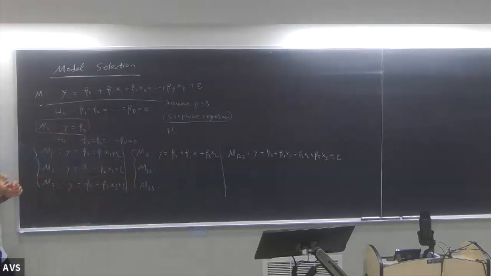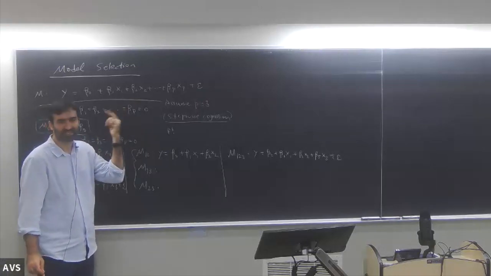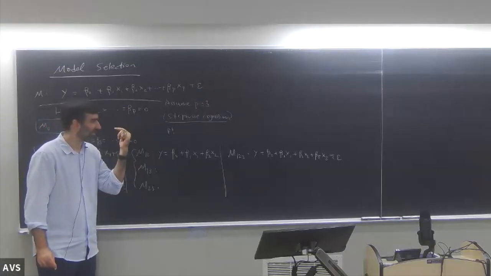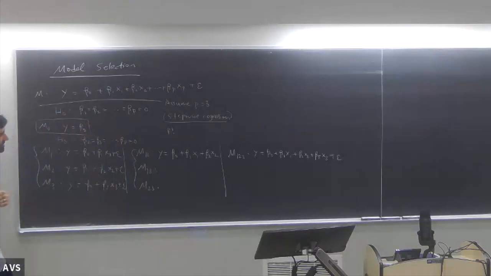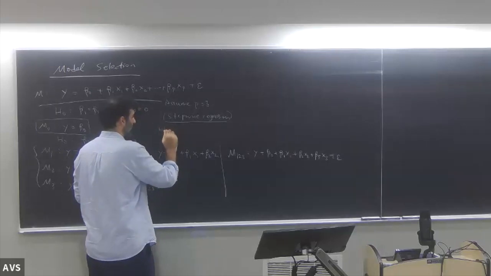Why? So you do every combination. P factorial would be the number of permutations of p variables. Oh, this is the number of all possible subsets. So what is the number?